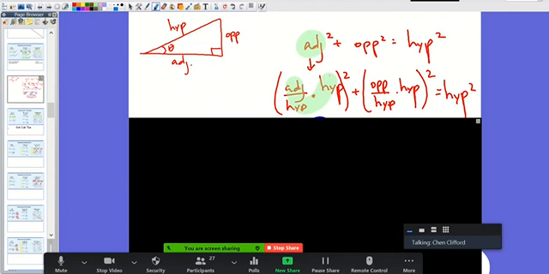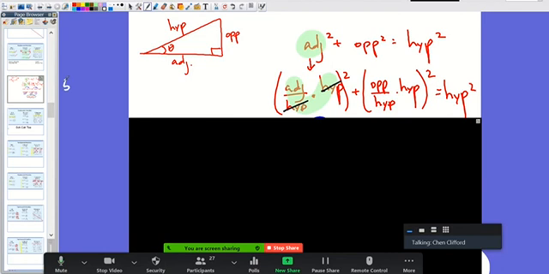The reason they're equal to each other is because you can literally just cancel out the hypotenuse, and you'll land back at adjacent. I mean, you can do some simple arithmetic. Check this out.